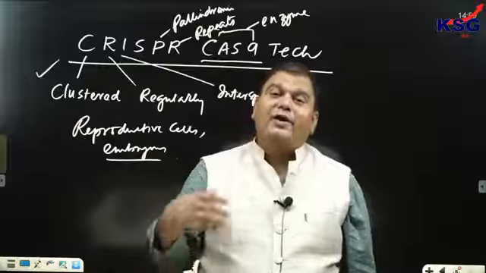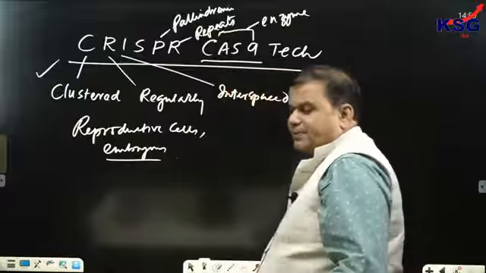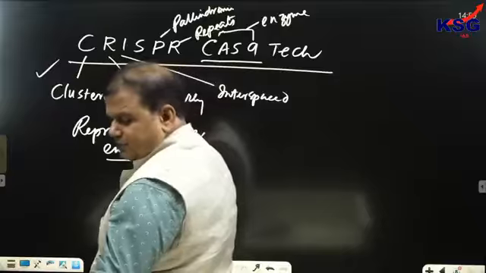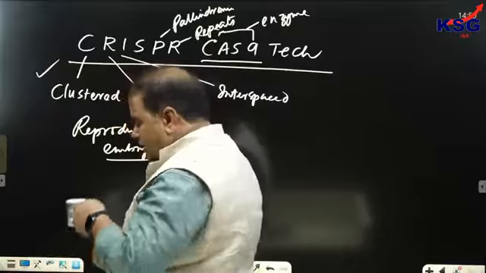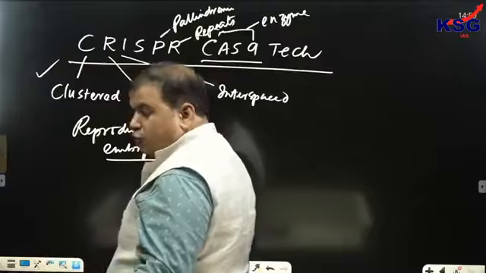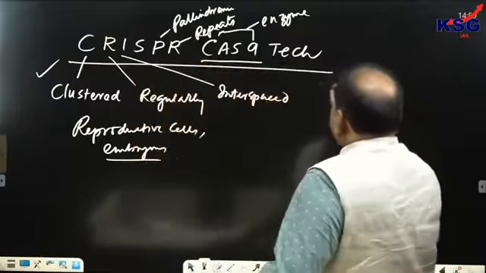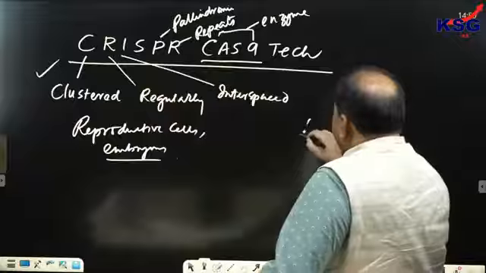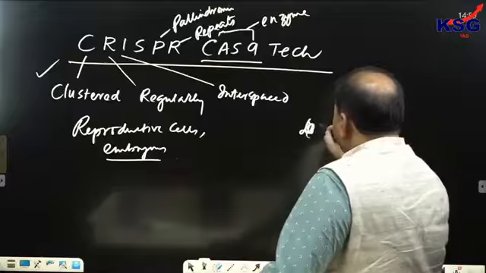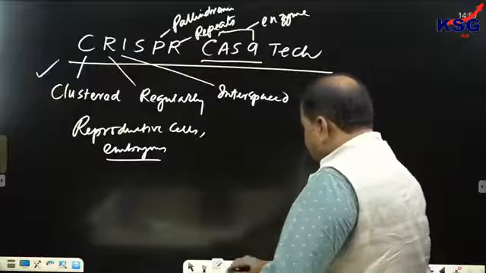But how does it work? CRISPR-Cas9 technology has two important tools. The first tool is what?